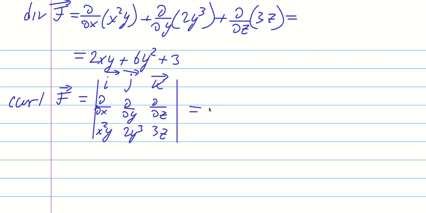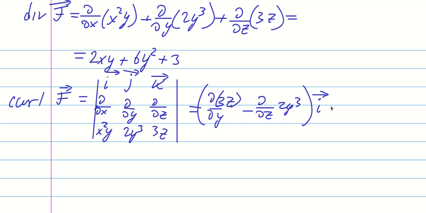So what are we going to get? We cross out i, so it's going to be the partial with respect to y of 3z minus the partial with respect to z of 2y cubed, i.